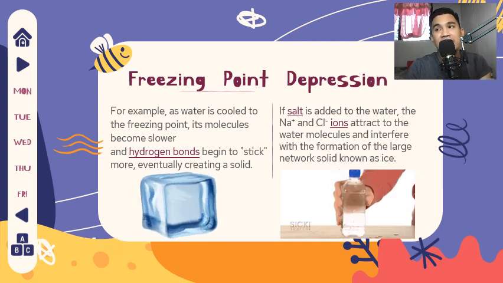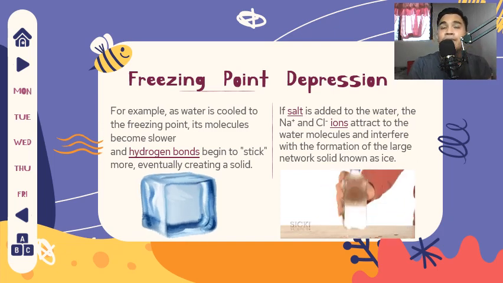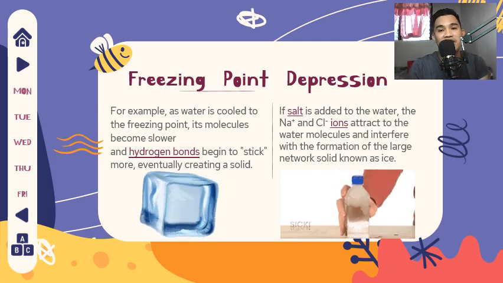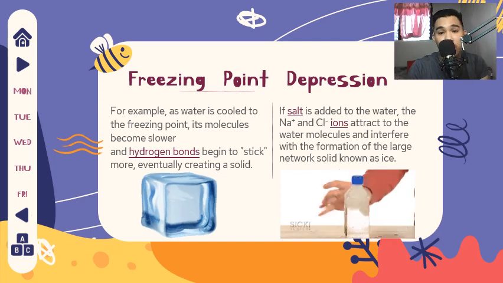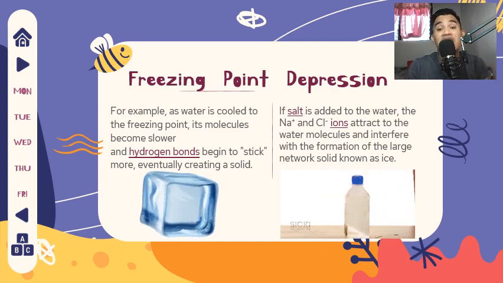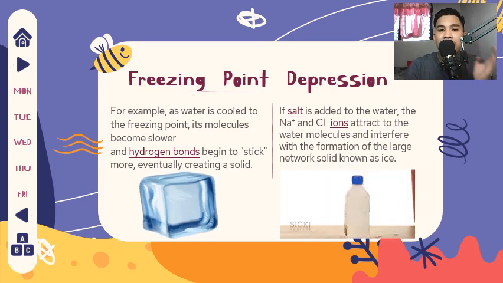But if it's in a solution, given that the solvent is water and our solute is the common table salt, NaCl or sodium chloride, when salt is added to the water, the sodium ions and chloride ions attract the water molecules and interfere with the formation of the large network solid known as ice.